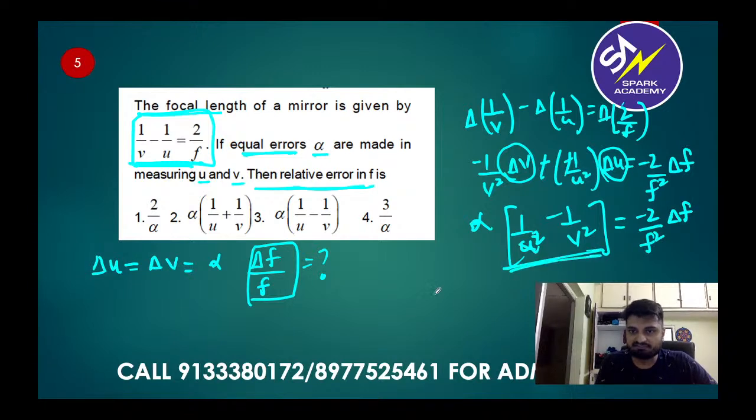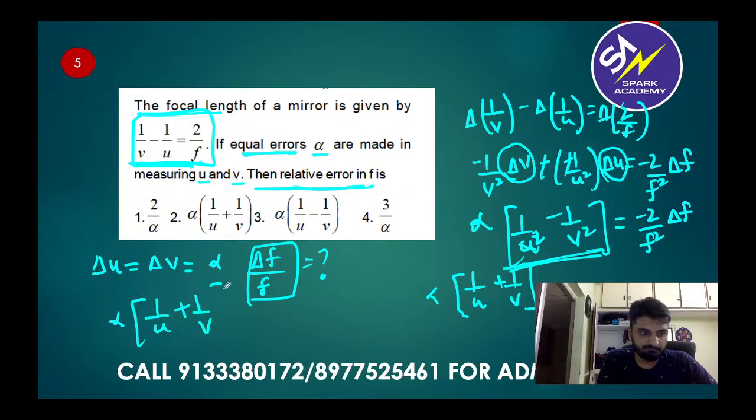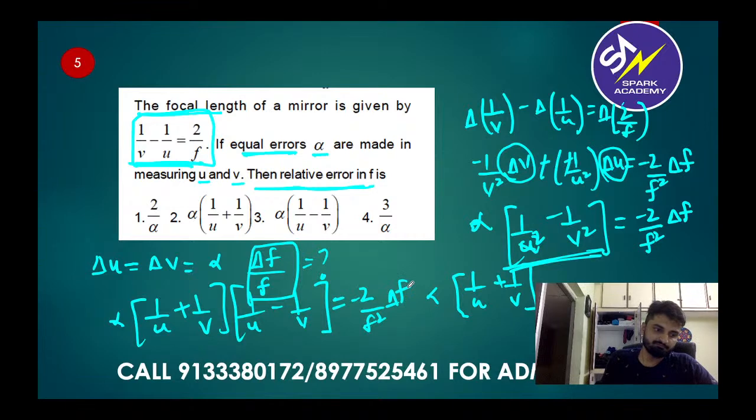Now how do you write this? This I can write as 1 by u plus 1 by v into 1 by u minus 1 by v. So this is given as minus 2 by f square delta f.